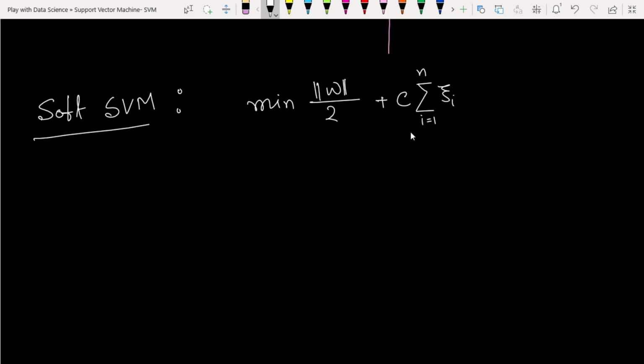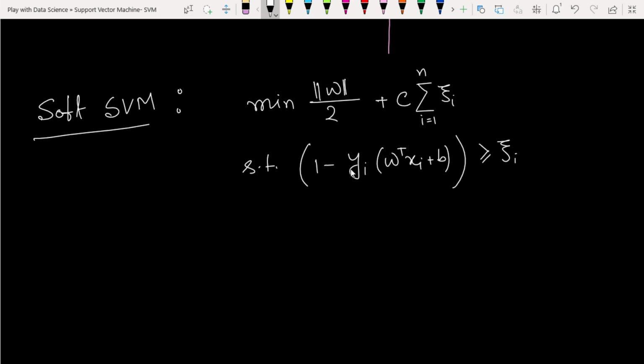This zeta is the sum distance, right? And we also have some constraints. What is our constraint? The constraint is simply yi times (w transpose xi plus b). Okay, this is our constraint, and this is too simple.